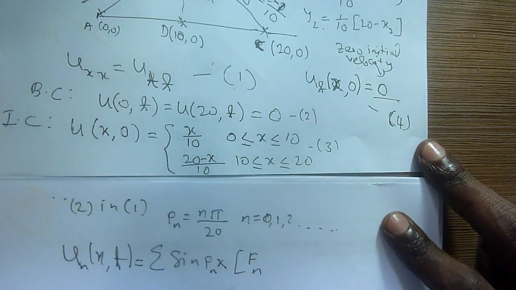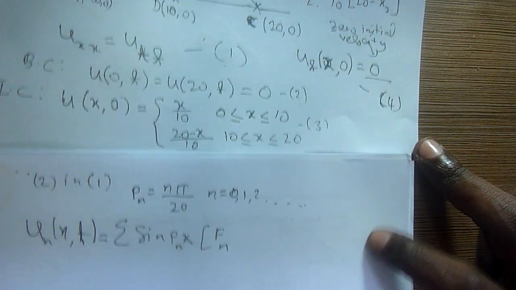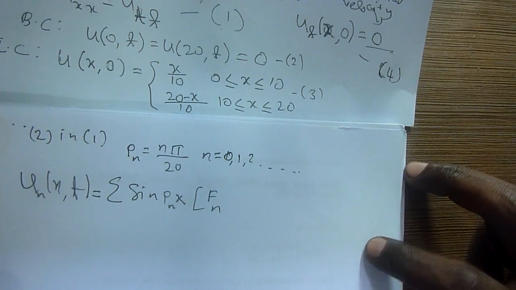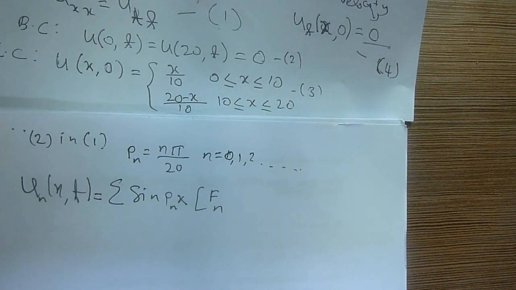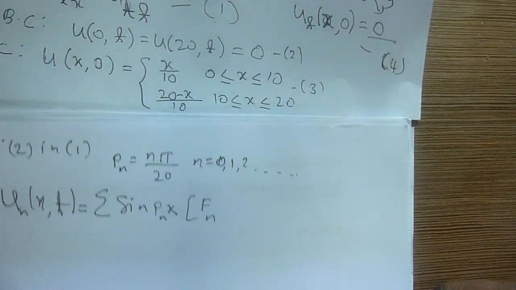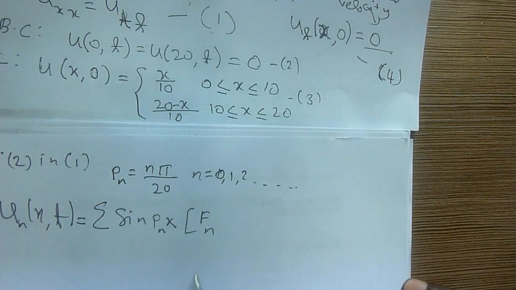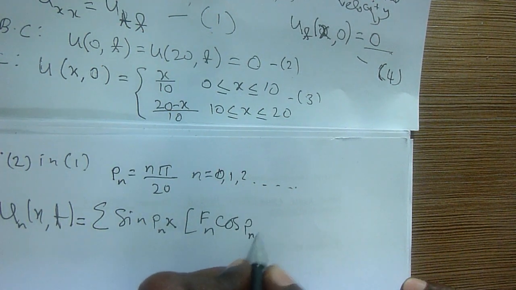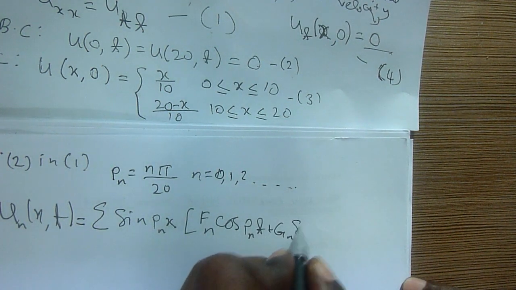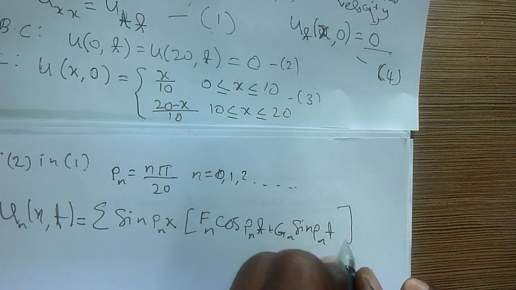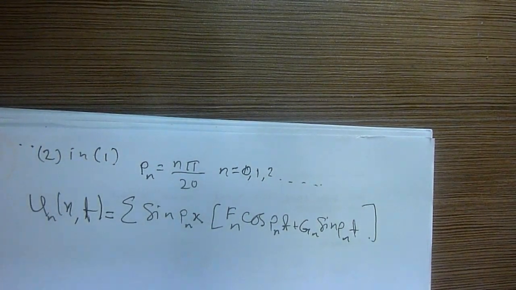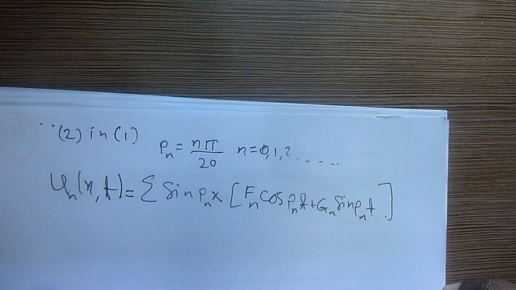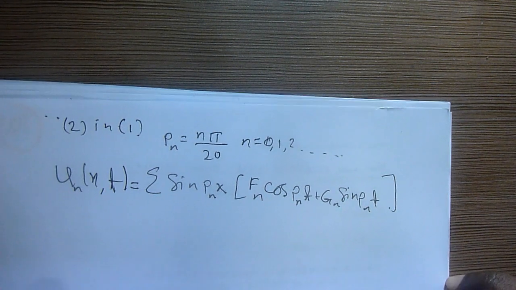Fn. Can you see my work? Is it too small for you to see? I hope you all can see. Fn cos Pn t plus Gn sin Pn t. This is the equation, and I want you all to see it.